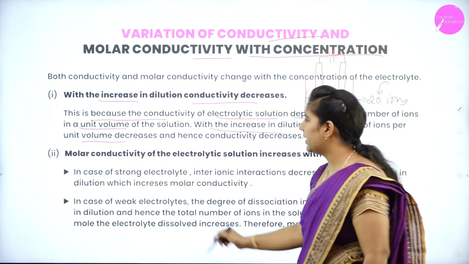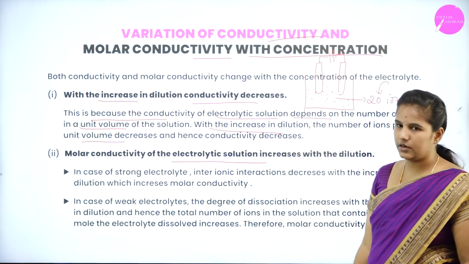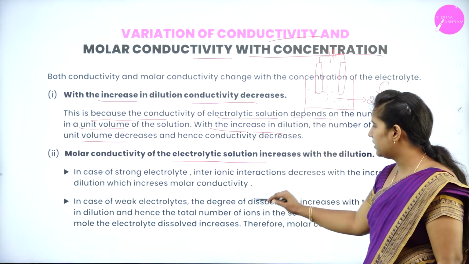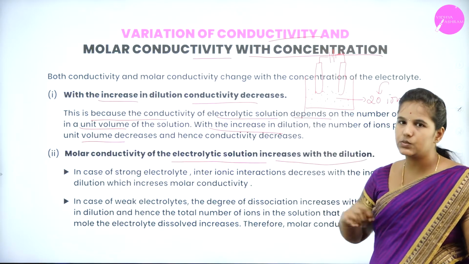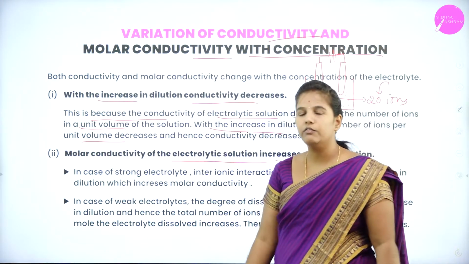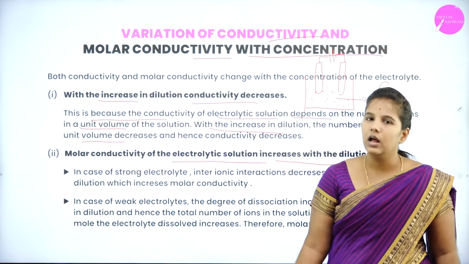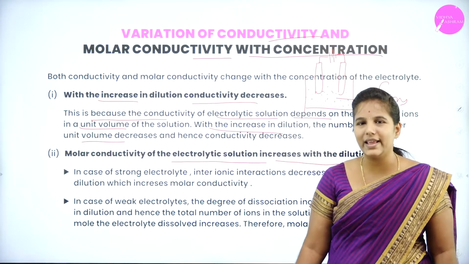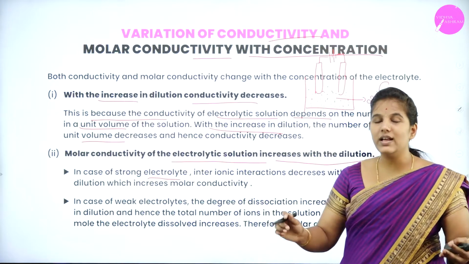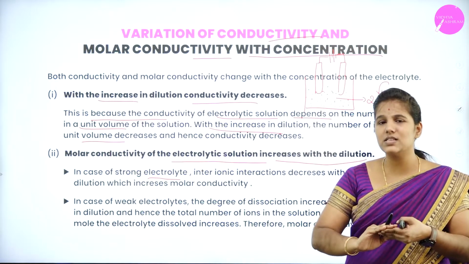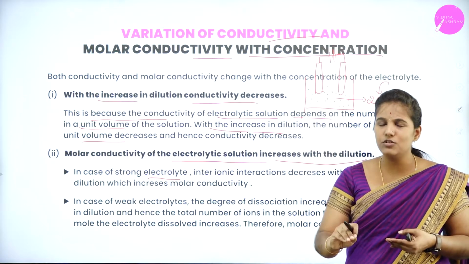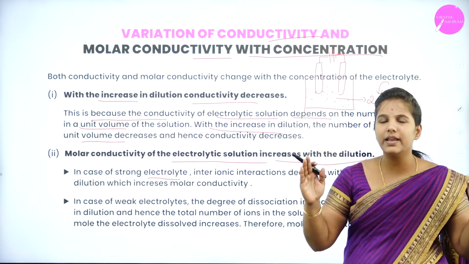Let's see the molar conductivity of an electrolytic solution. In case of molar conductivity of an electrolytic solution, it always increases with dilution. How? We know that when we talk about molar conductivity, we use strong electrolytes and weak electrolytes. In case of a strong electrolyte, due to the inter-ionic distances between the ions, when you increase the dilution, the ions will get separated.